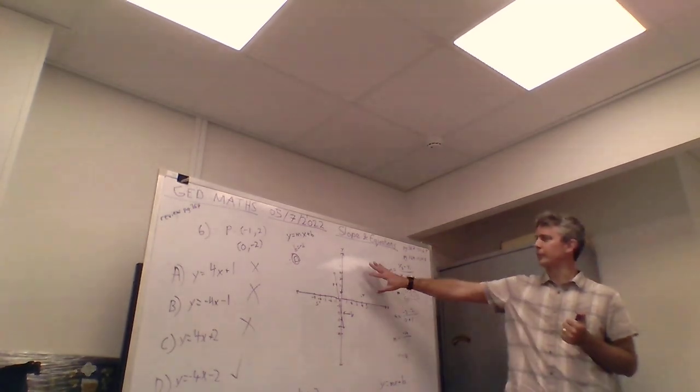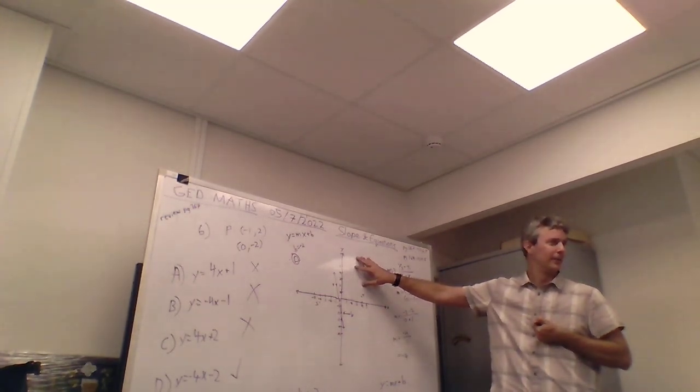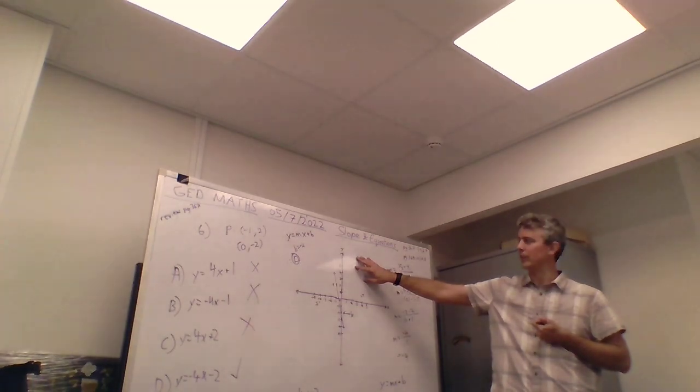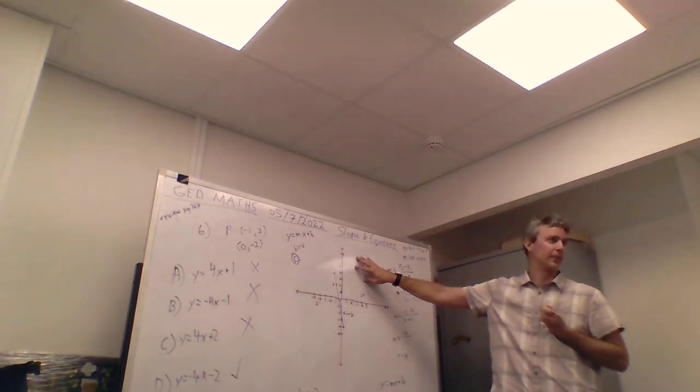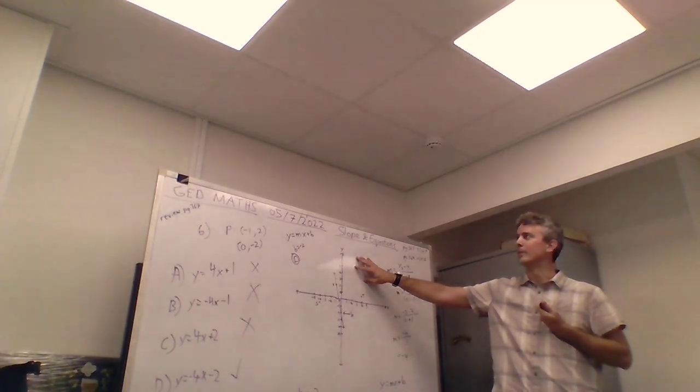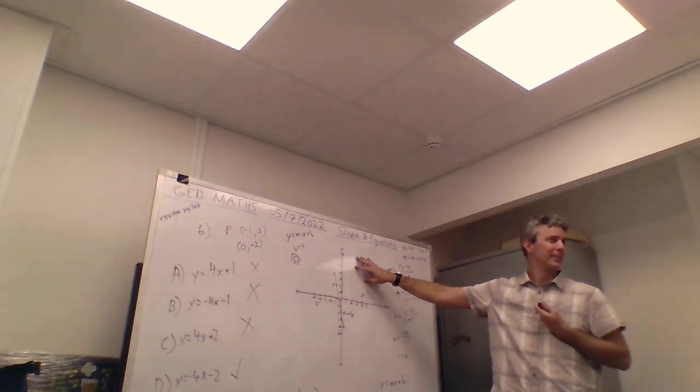This is called the Cartesian plane, by the way. Named after a mathematician in Europe. His name was René Descartes. You may have heard of him as a philosopher. He's the one who said, I think, therefore I am. Have you heard that phrase? Je pense, je suis.